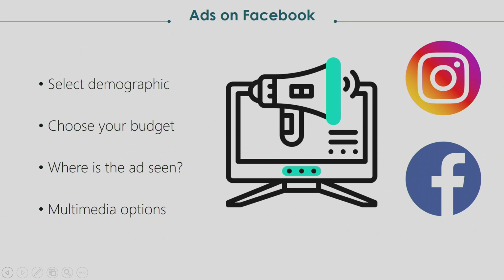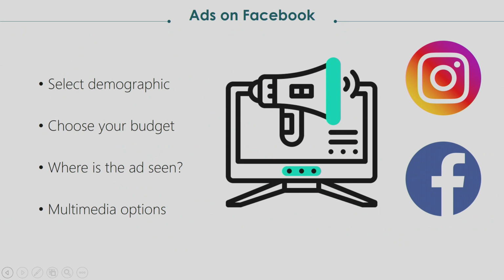So a good thing about setting your budget is that after the ad is posted, you can adjust to increase or decrease the amount of money you're spending. And I'll talk about that more on the next slide. I'll show you what it looks like. And the best part of the Facebook ad is that you can also set where the ad can be seen. You can choose where on the Facebook timeline your ad is seen, whether it's on the main timeline feed, there's like an ad section to the right.